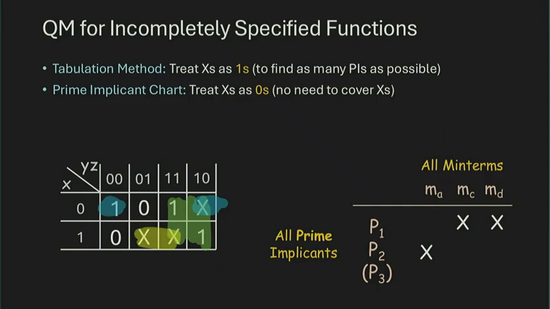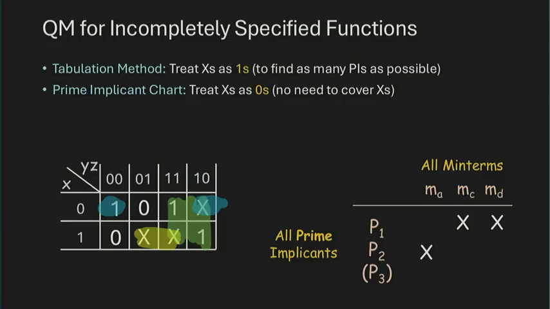But if we treat the x's as 1s in the first step of the QM algorithm, we'll be able to find all 3 prime implicants. And I know that these are the only candidates that could possibly go into my minimal expression. Just be conservative and find as many, as big implicants as possible.